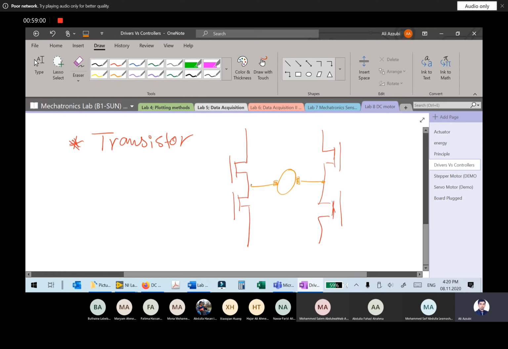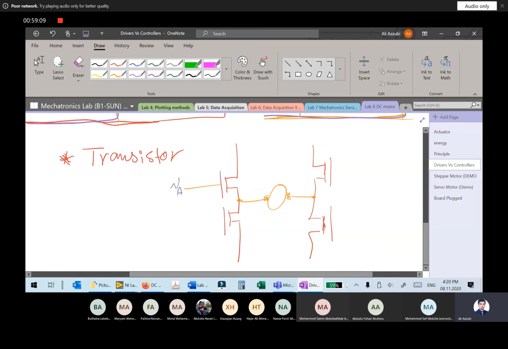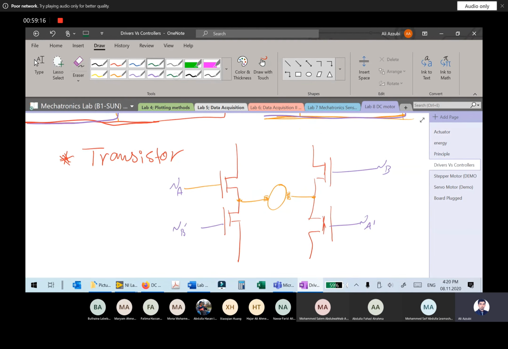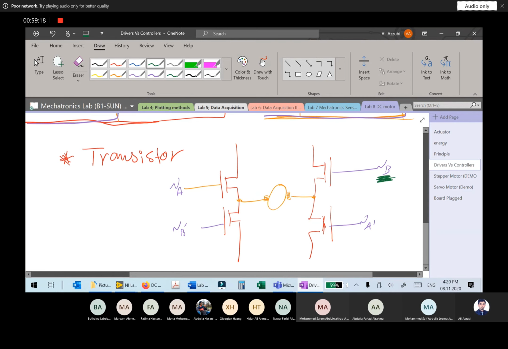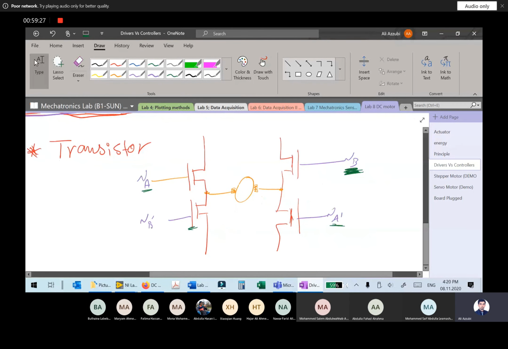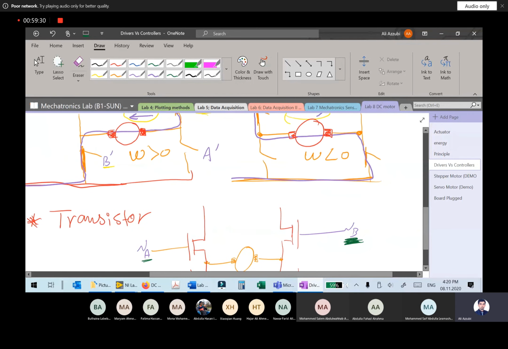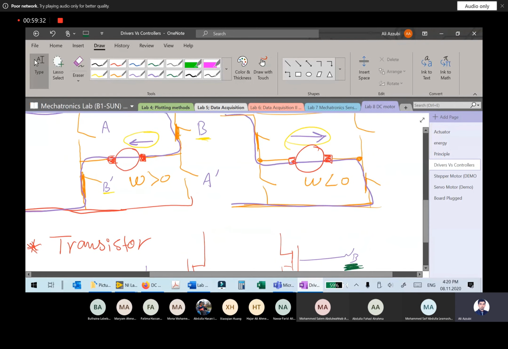Now, why transistors? Simply because with these transistors, you can apply a low voltage. Let's call it voltage A, voltage A prime, voltage B, and voltage B prime. So by applying a weak voltage here, this is my main point, you can properly switch on a transistor, and an equivalent behavior of this is like closing a switch.